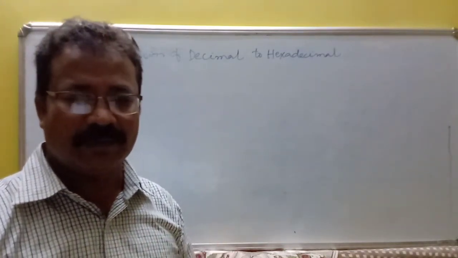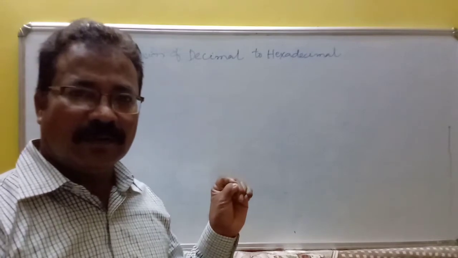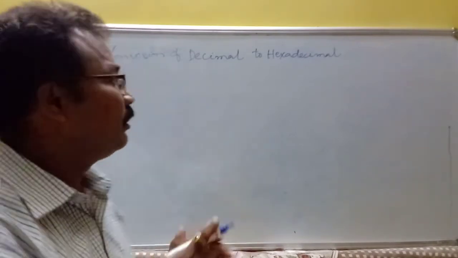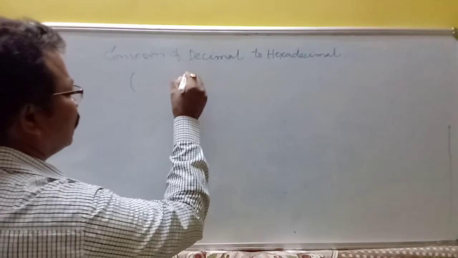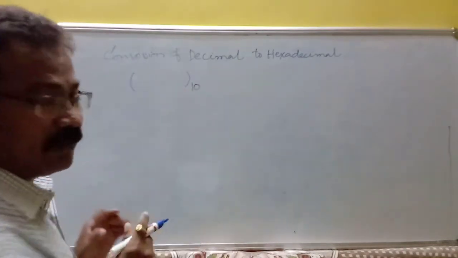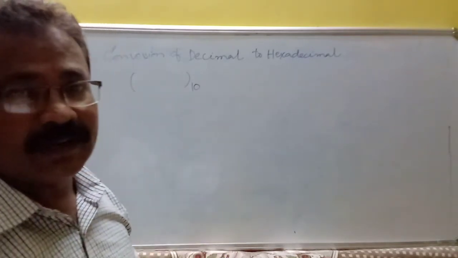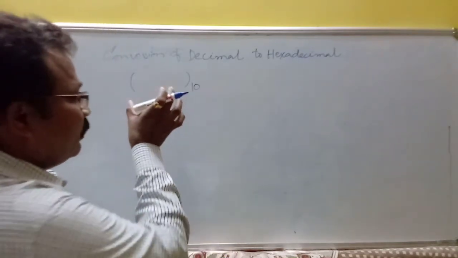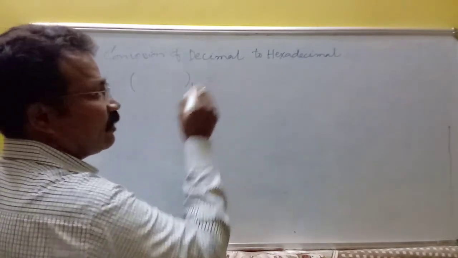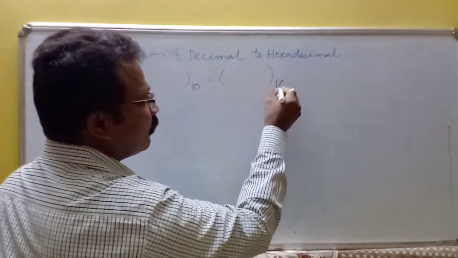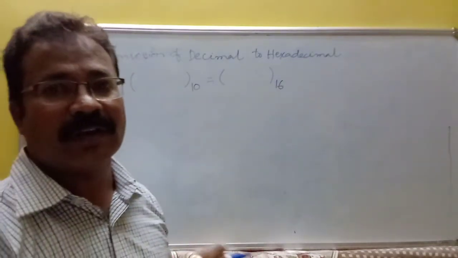First, the given number here is a decimal number. That decimal number is going to be converted into its equivalent hexadecimal number.